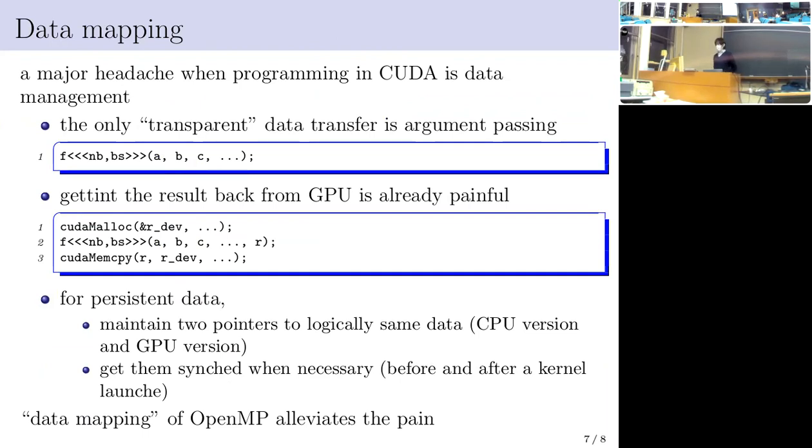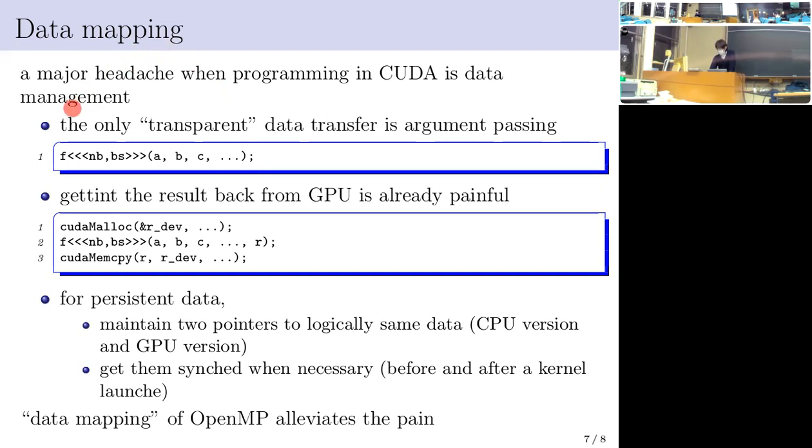And data mapping is another thing that benefits much more from using OpenMP rather than CUDA. Let's remember what kind of things you need to do when programming CUDA. Data management, moving data back and forth between CPU and GPU, was actually a major headache when you do some serious programming using CUDA.